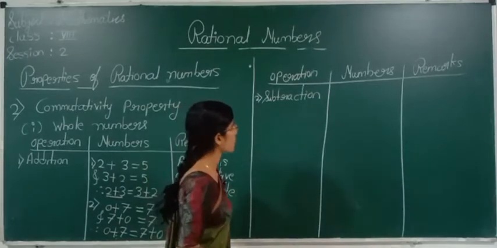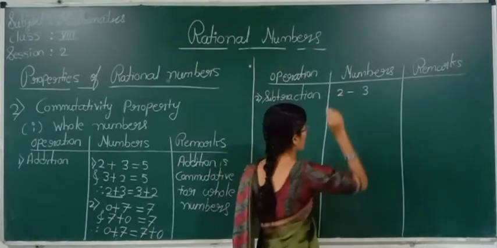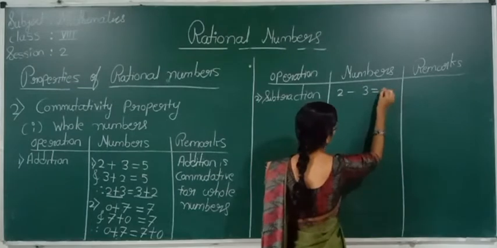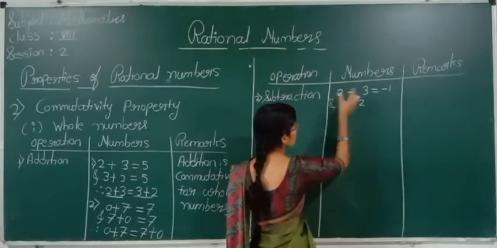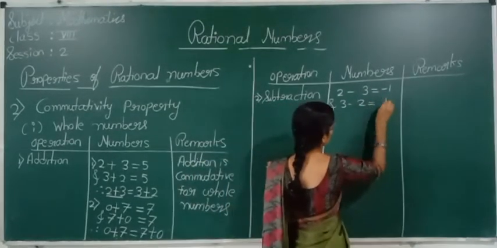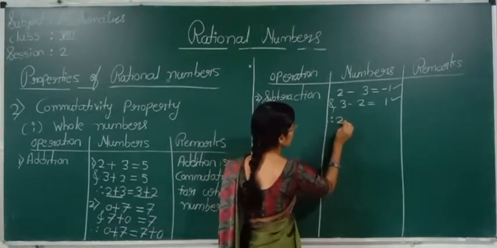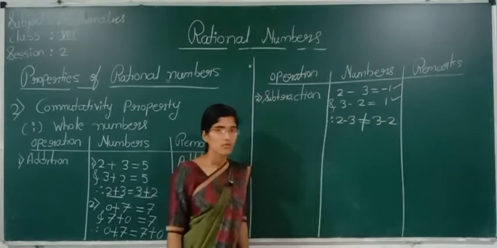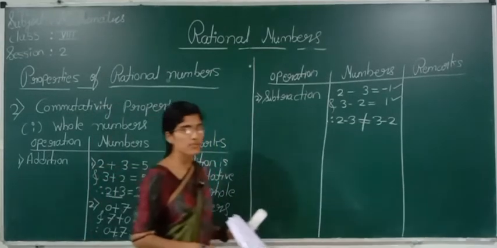If I take two whole numbers, 2 and 3, and perform subtraction, what is 2 minus 3? 2 minus 3 is minus 1. What is 3 minus 2? 3 minus 2 is 1. Are these both the same? No. Therefore, 2 minus 3 is not equal to 3 minus 2. What can we tell? Subtraction is not commutative. Yes or no?